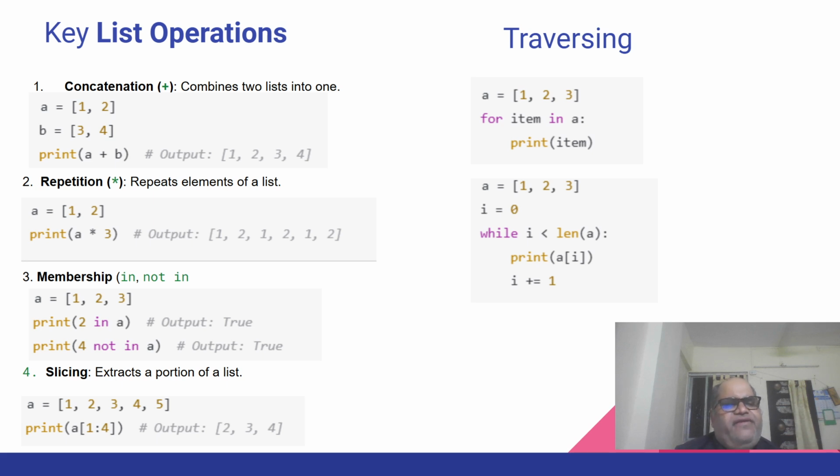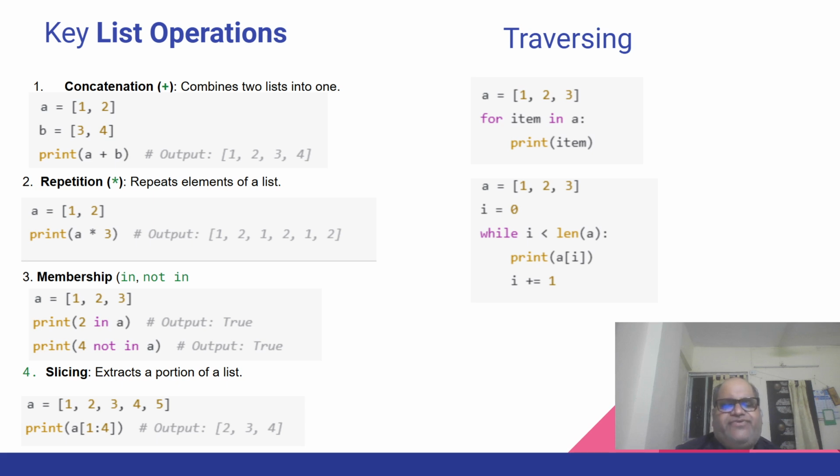So after reviewing concatenation, repetition, membership test, and slicing, let us look at how you can iterate over the list. You can use a for loop. For example, if your A is 1, 2, 3, you can say for item in A print item, right?